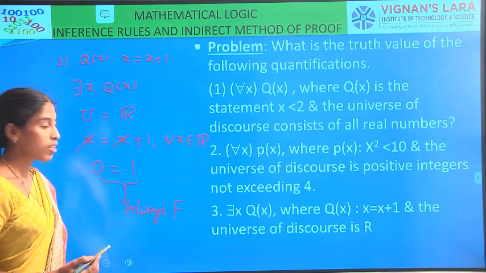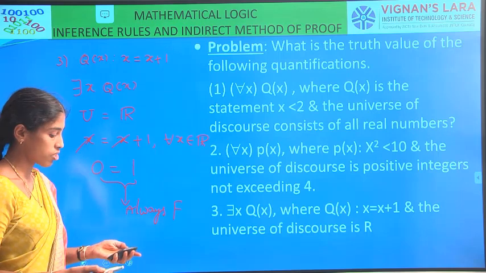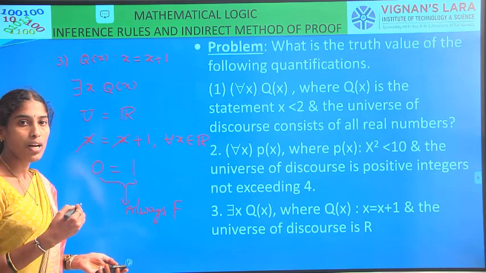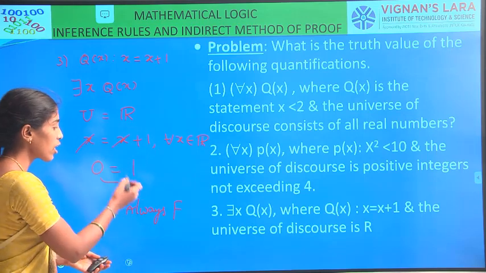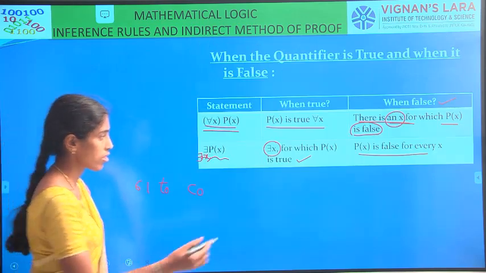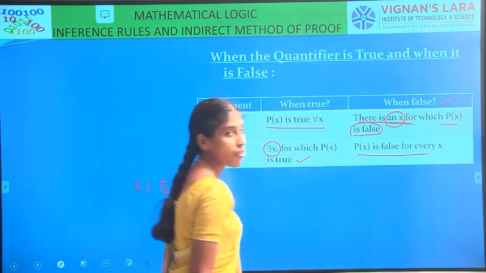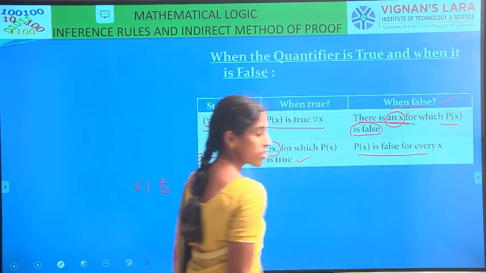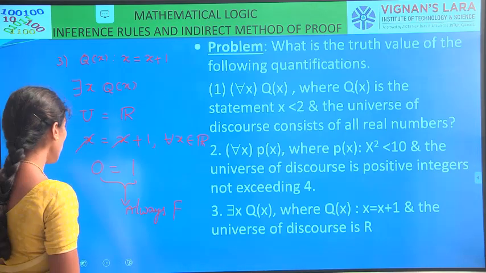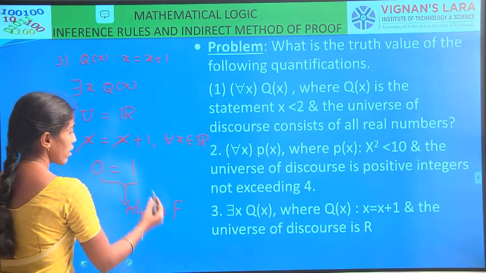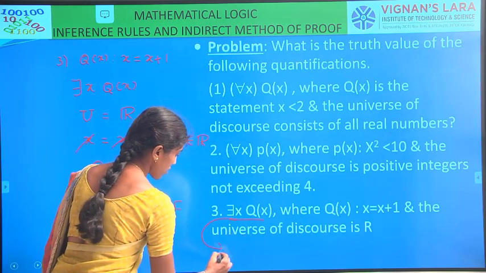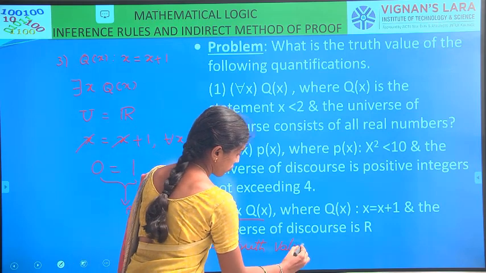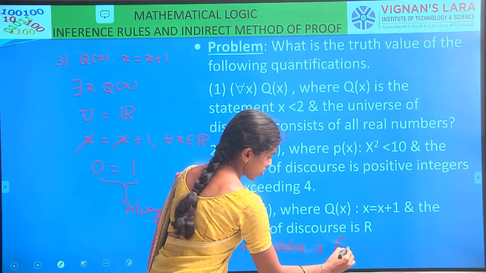For any number, this condition does not hold. For all numbers in the set of real numbers, this condition is false. So P of x is false for every x, which means the truth value of the existential quantifier is false. Therefore, its truth value is false.